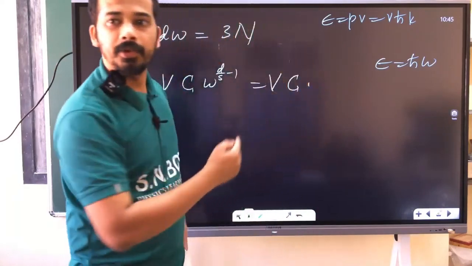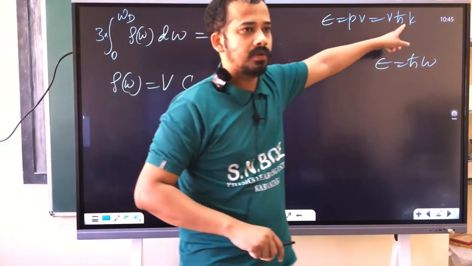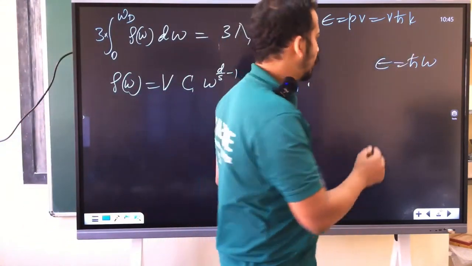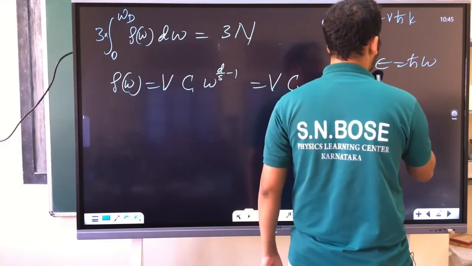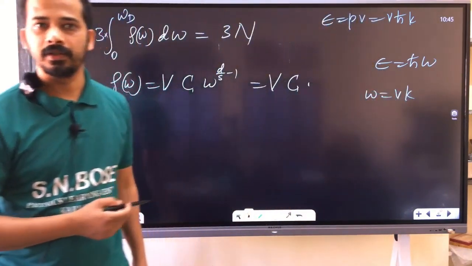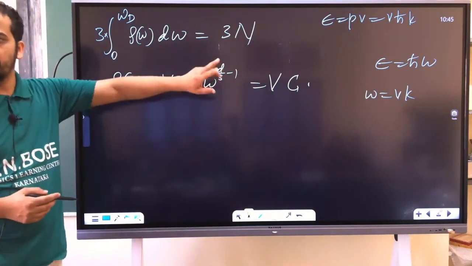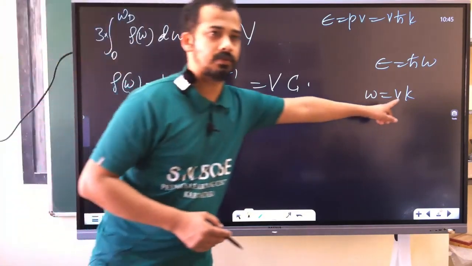The dispersion relation for phonon is omega is equal to V into K. Simply we write like this, isn't it? That is the dispersion relation for phonon, just like photon, but travels with a finite speed. That's the only difference.